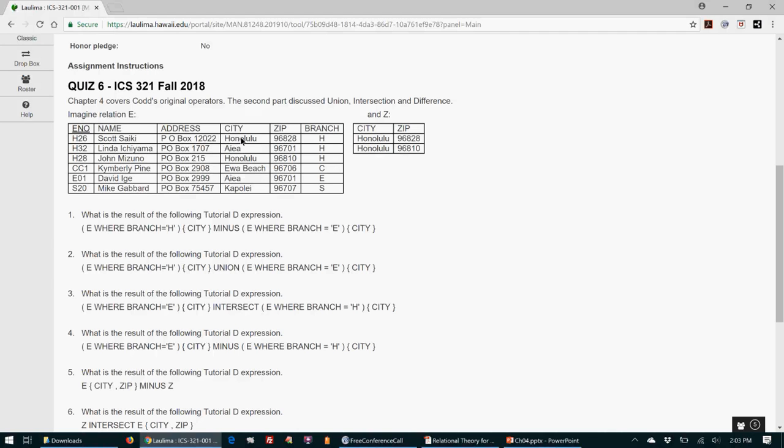If we're talking about cities, it's Honolulu, Aiea, and Honolulu. And then we minus out the employees where the branch is equal to E, and that'd be Aiea, I bet. Oh yeah, here we go. Aiea. Okay, so that removes Aiea. So out of that first one, which is Honolulu and Aiea, we're just taking Aiea out, and we end up with Honolulu. So that's pretty easy.